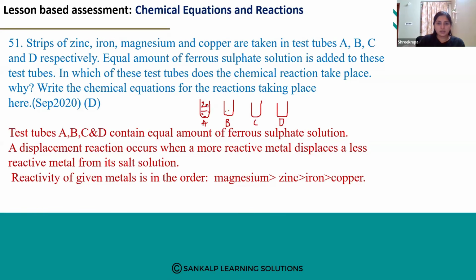And here test tube B, iron, Fe, and test tube C, magnesium, Mg, and copper. Equal amount of ferrous sulphate solution is added. So FeSO4 is added to each test tube.